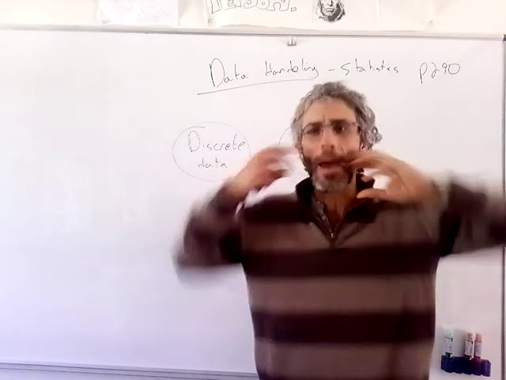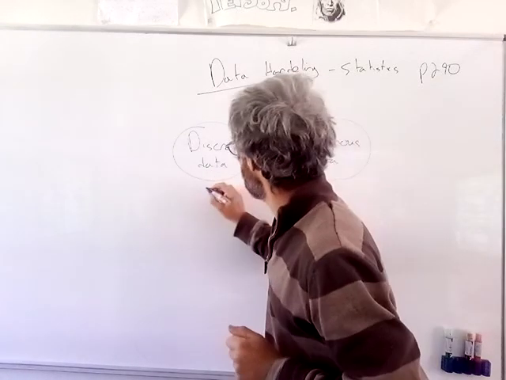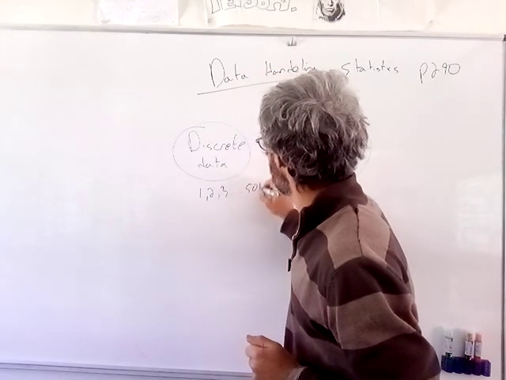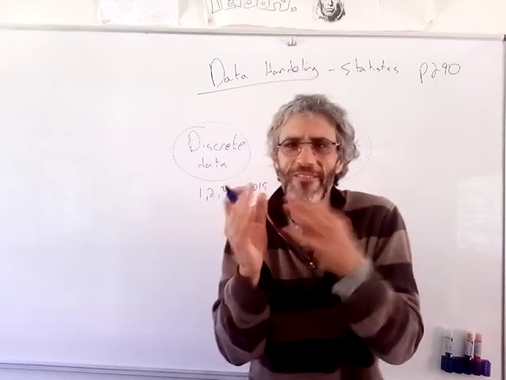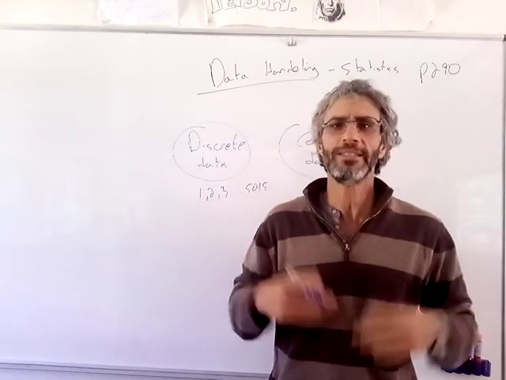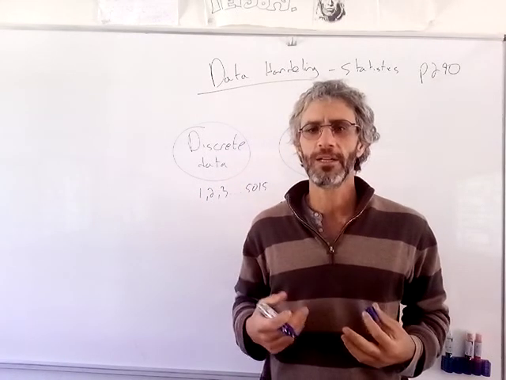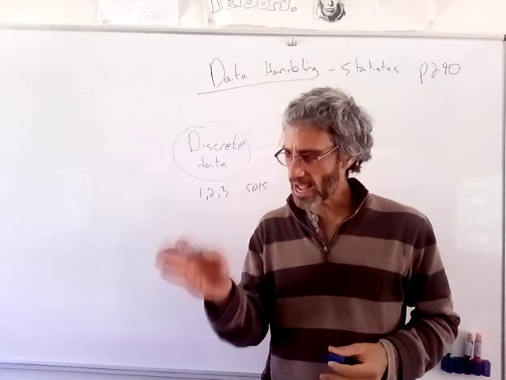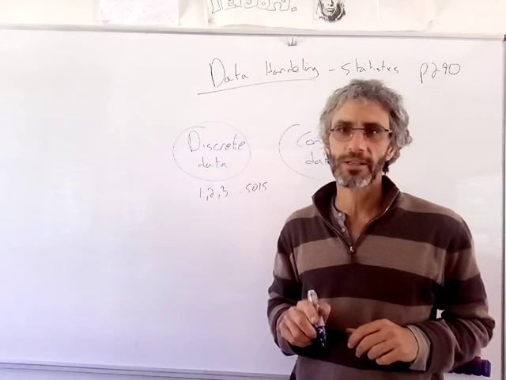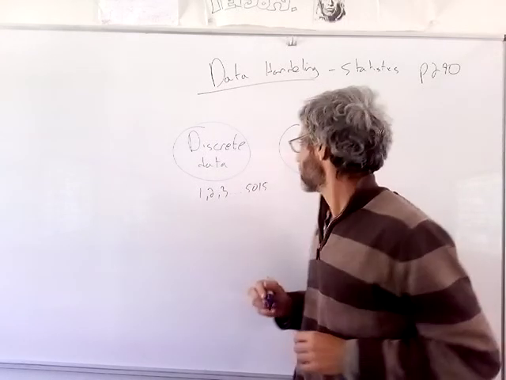We're looking for a number. It's basically data that is either 1, 2, 3, 5,000, 15. You don't have something between 2 and 3. You can't have 2.5 of a person. That is not discrete data. Anything that can be counted in what we call integers is discrete data.